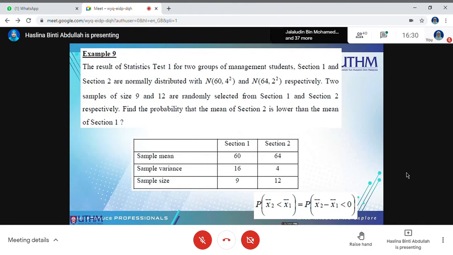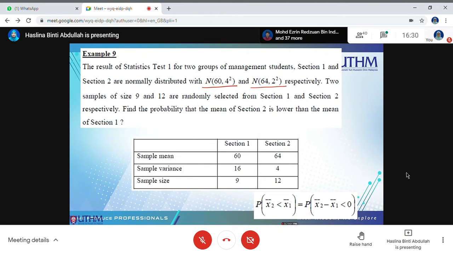The first is normally distributed with mean 60 and variance 4 power of 2, and the second is normally distributed with mean 64 and variance 2 power of 2 respectively. Two samples of size 9 and 12 are randomly selected from section 1 and section 2 respectively. What is the probability that the mean of section 2 is lower than the mean of section 1?